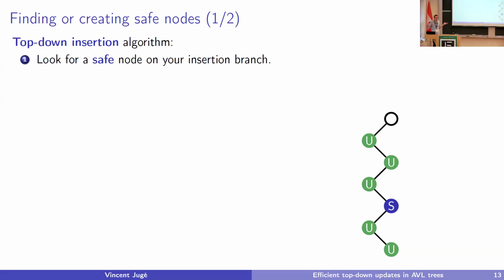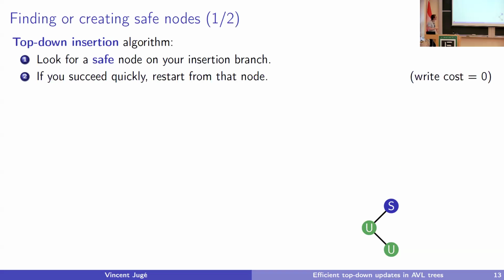I have absolutely no proof. It's just that it sounds reasonable. But if I succeed quickly at finding such a node, so basically it was not too far away from my root, then I just restart and insert my leaf below this node, and my write cost was 0 in that case.